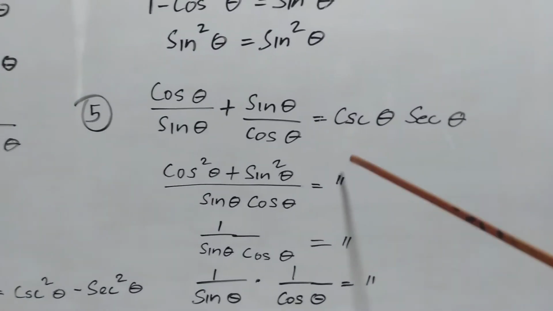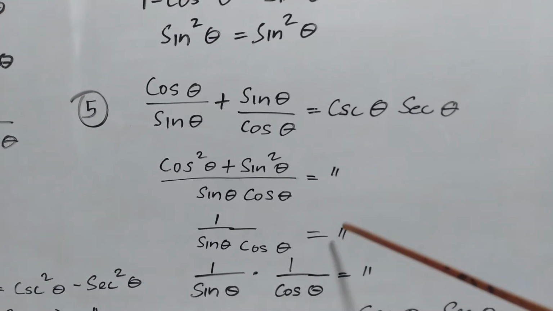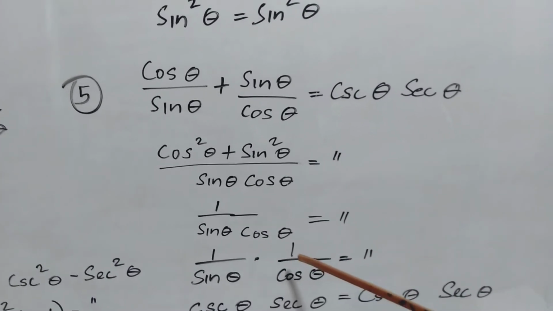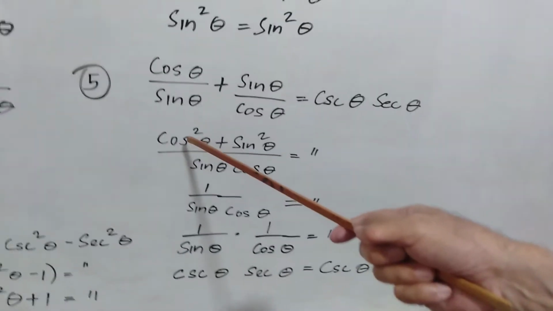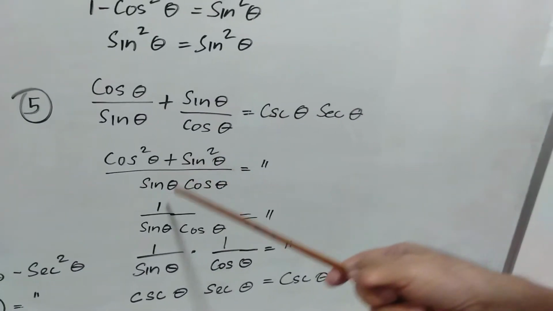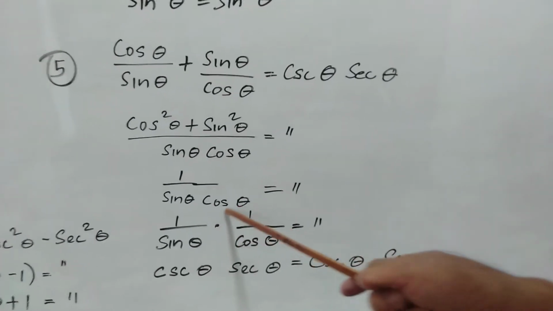So what's next? Cosine squared theta plus sine squared theta is equal to 1. So what remains is 1 over sine theta cosine theta.